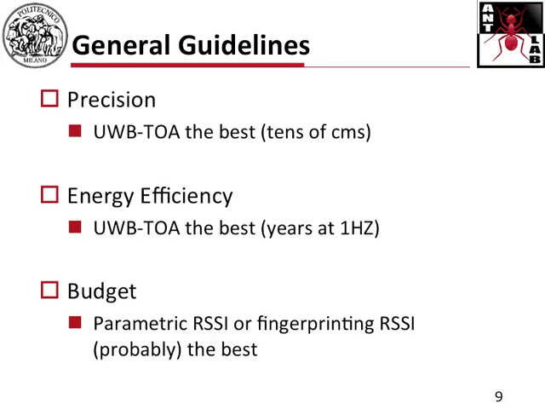These tags exchange some kind of signal with the anchor nodes, and the system extracts from this signal some type of information which then the system uses to get the information on how far the tag is from each one of the anchor nodes. And then this information on the distances between the tag to be localized and the anchor nodes is fed into the localization engine, okay, which then tells where the tag is.